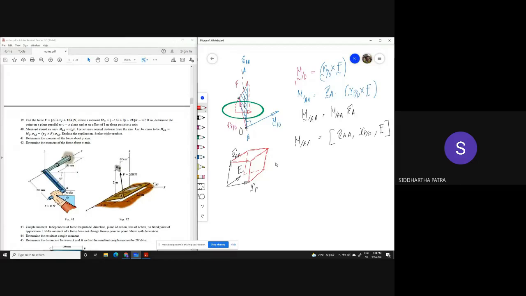And because of that, it can be shown from this diagram that this is also equivalent to EAA dot RPO cross F, or it can also be shown as RPO dot F cross EAA. So the scalar triple product has this chain rule that can be used. But if I break the chain and if I just simply alternate the positions of two vectors, I would get a negative value.